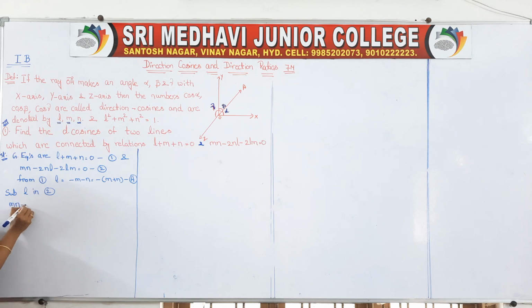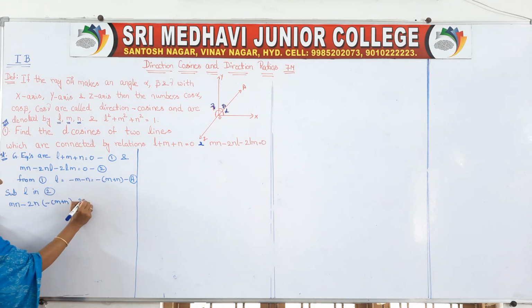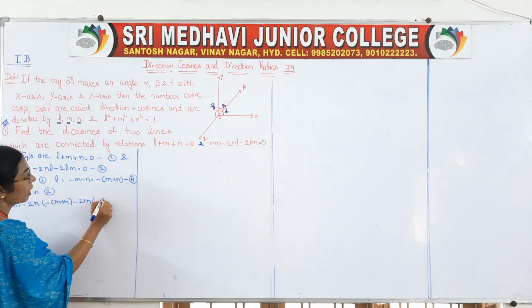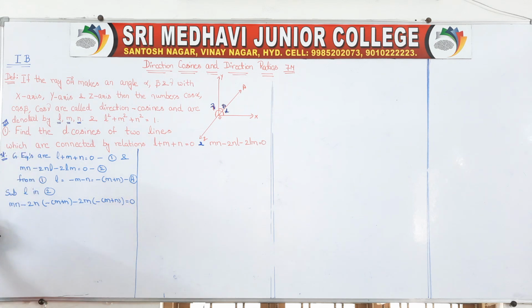It is Mn minus 2n L, what is L? Minus of M plus N, minus 2m into again L, what is L? Minus of M plus N, is equal to 0.